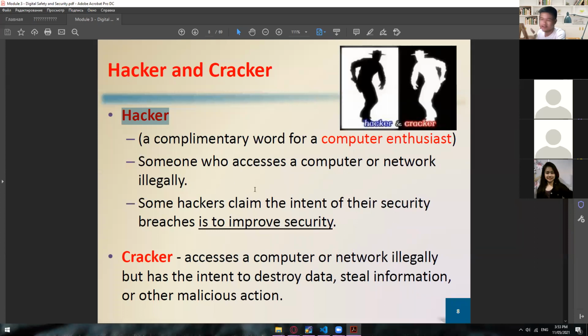So white hat hackers are also enthusiasts, but they are more on defending someone's computer, not into destroying computers. So if it's someone who will destroy, delete, steal, or get into bad things, then that one is a cracker. And let's say the word hacker is just for a gray hat hacker, so he's in between.